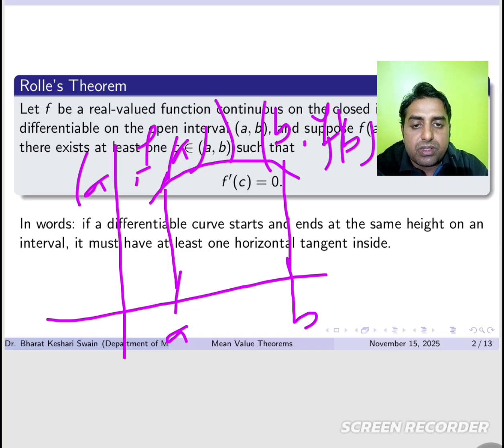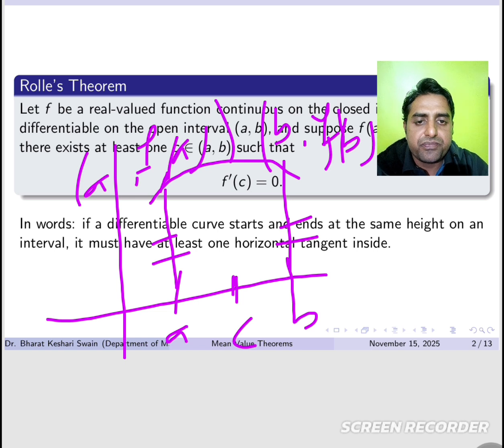Now they are at the same height, so f(a) equals f(b), is it not? Then the statement says that there will be at least one c inside a and b so that f'(c) will be 0.